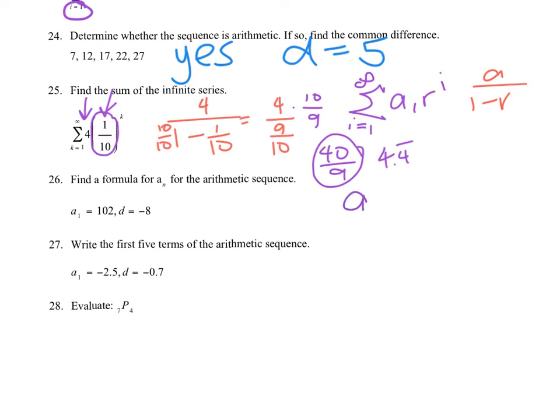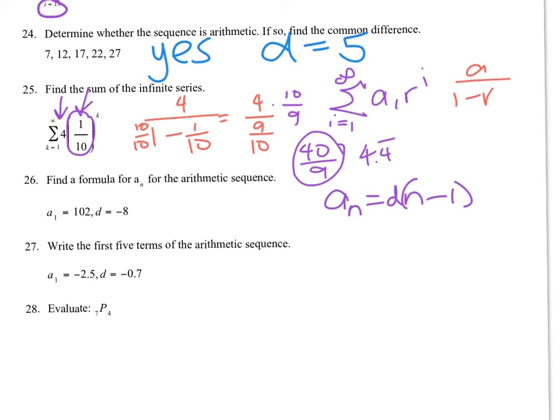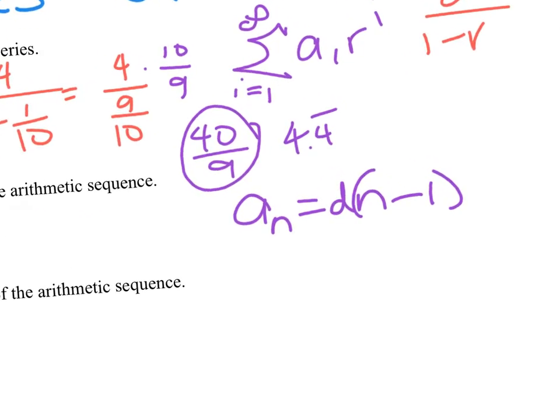So do you remember how to find a sub n if it's arithmetic? Do you remember this? Starts with a sub 1. There's a d involved here. Good. And you can put it as a sub 1 first, right?